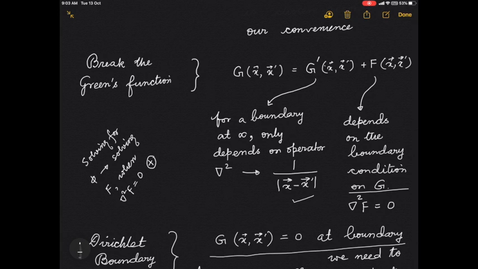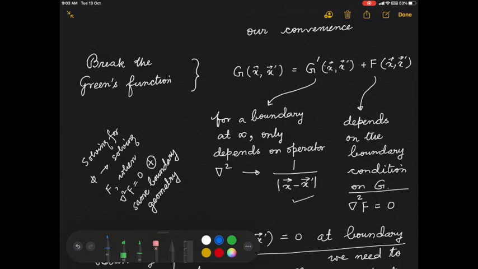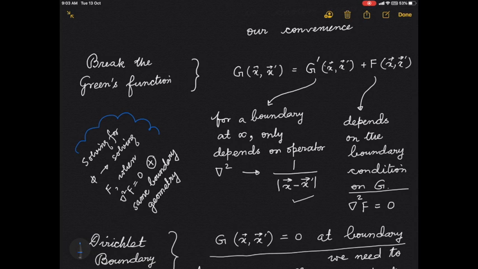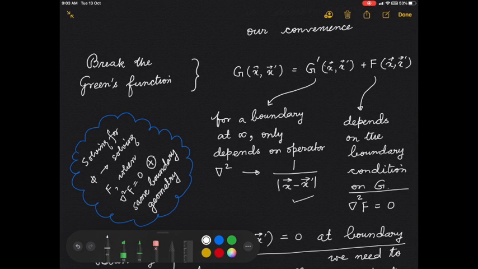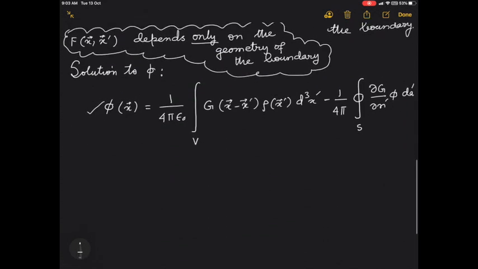So that's a Laplace equation plus the same boundary as the original problem. This is what simplification the Green's function gives you.